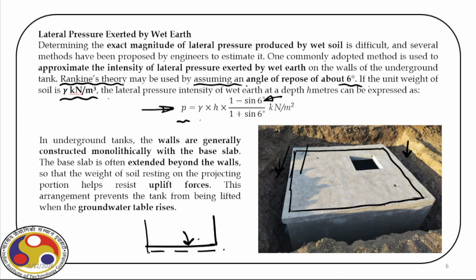On top of that, a slab is cast that forms the base, and then on the sides, the walls are constructed. Now after that, once the soil is filled, the soil pressure acting on the wall is also affected by the groundwater level, right? So if the groundwater level changes, then that affects the pressure.